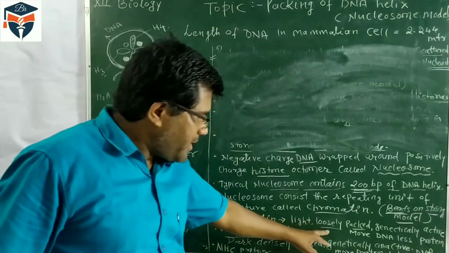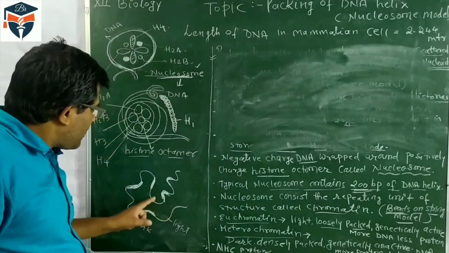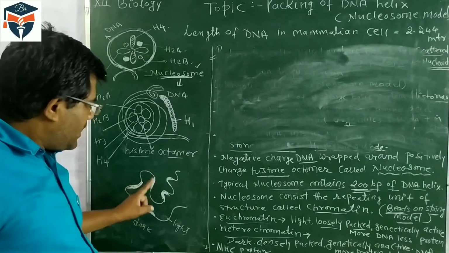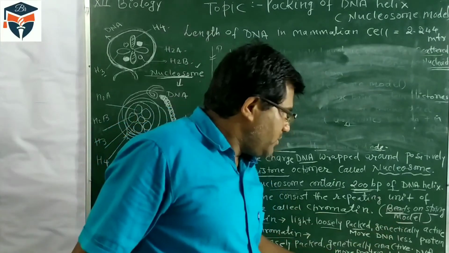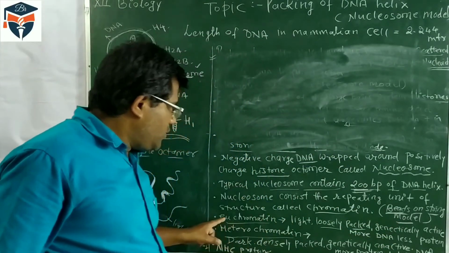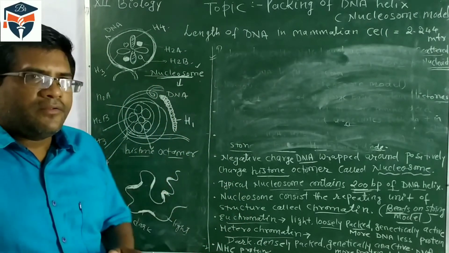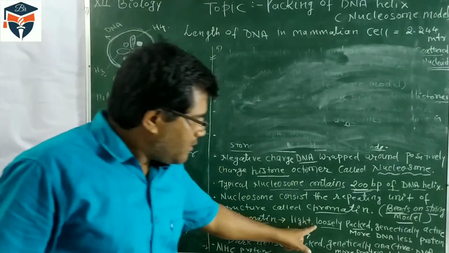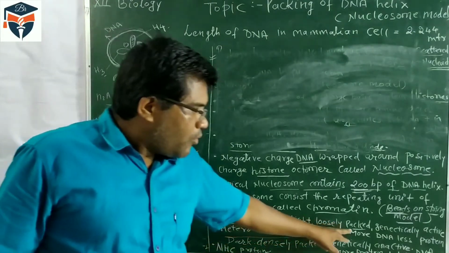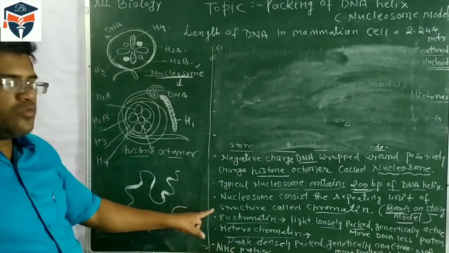Because they are loosely packed. These are genetically active, having more DNA and less protein. So the four characteristics of euchromatin: they are light, loosely packed, genetically active, and have more DNA and less protein. So they are called euchromatin.